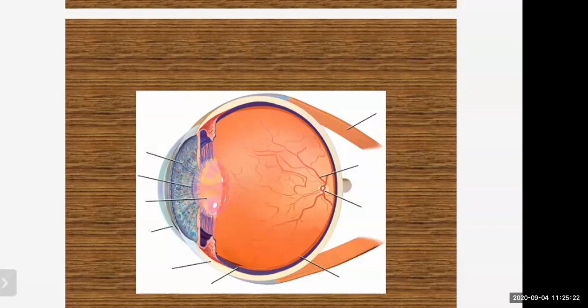In that you can see how the lens becomes flat and how the lens becomes rounded. When light is coming from a nearby object, the lens becomes rounded, whereas if the light is coming from a faraway, distant object, the lens will become flat. Both the diagrams are shown in your textbook. You can go through it.